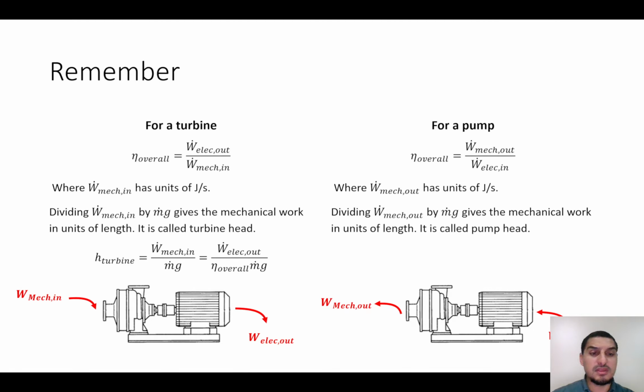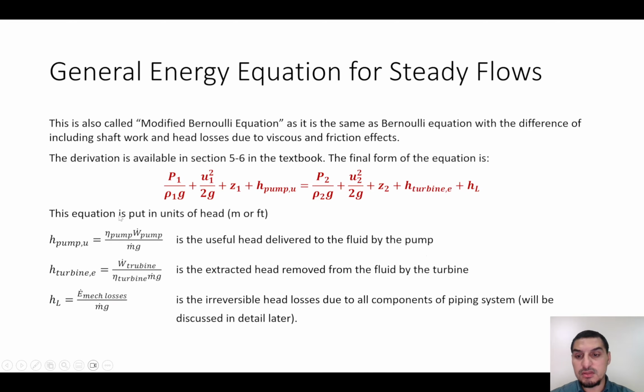So if we divide the mechanical work out by mg, we get the H pump, which is the overall efficiency times the electric work in over mg, which is this. Okay, so this is not new. So we can understand how we got these two terms for the pump and the turbine.